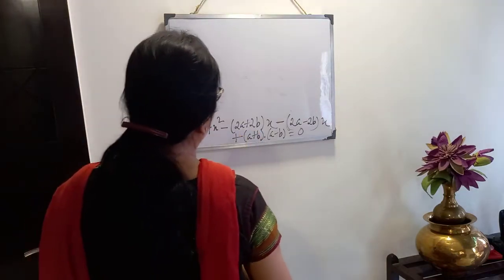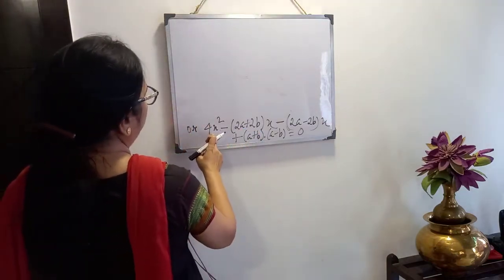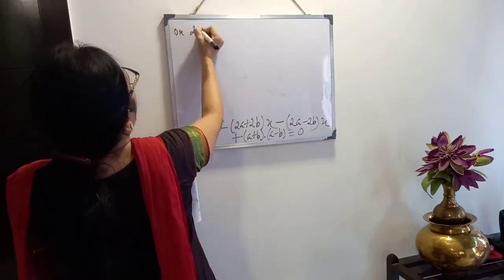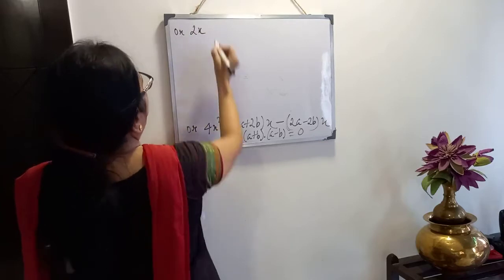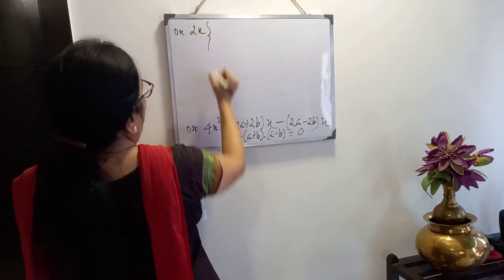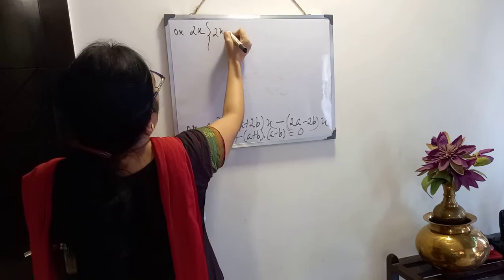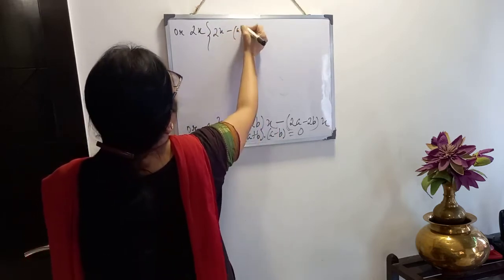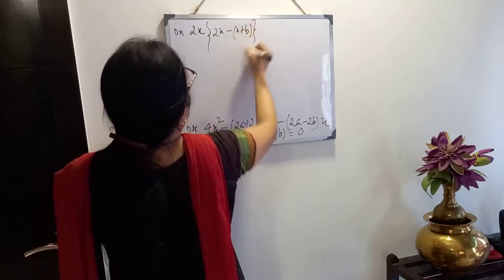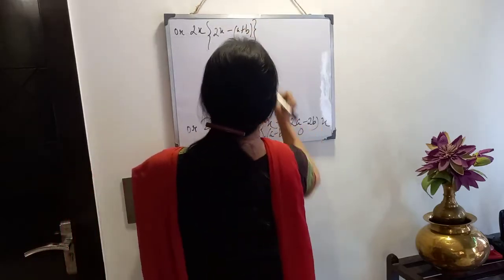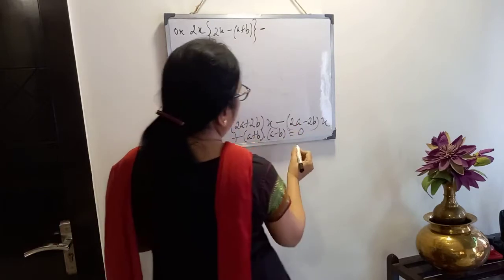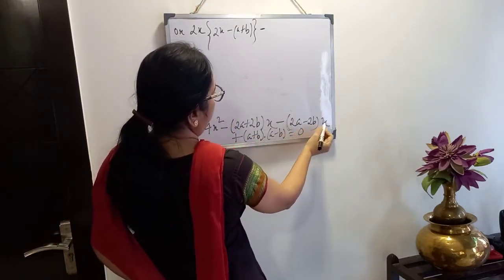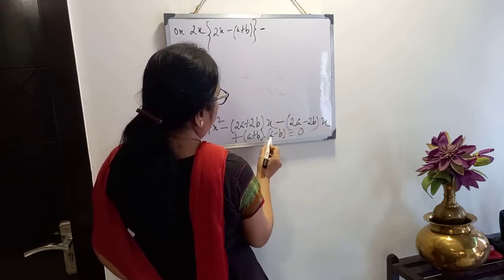How much can you take common? 2 is there and 4x square, so you can take 2x common. So it is becoming 2x minus 2, I have taken x common, minus a plus b. And from here, minus, you see, if I take 2 outside, then it will be a minus b x, and there is a plus b, a minus b.